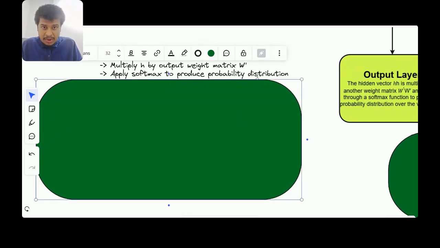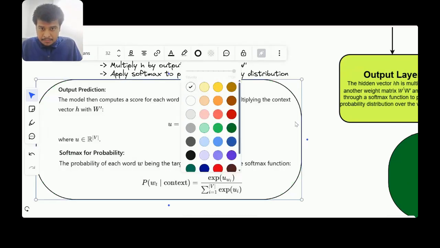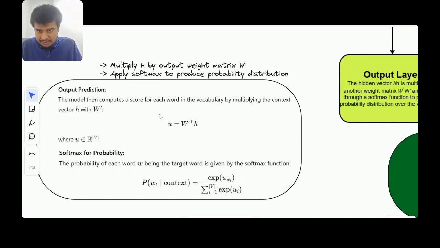You will see the equation here. We first get the product, that is U, and then for the aggregated word itself, we directly get this softmax probability. Fine.